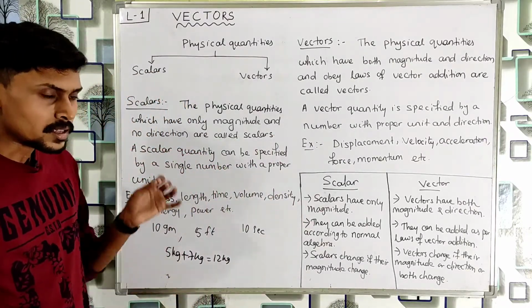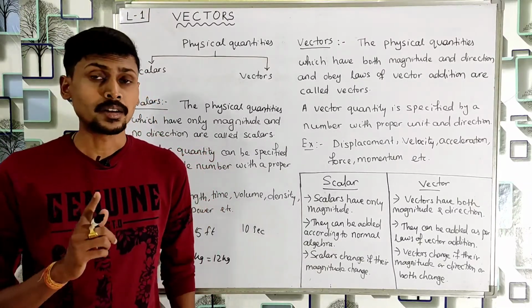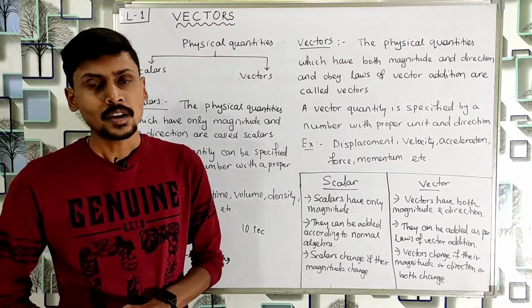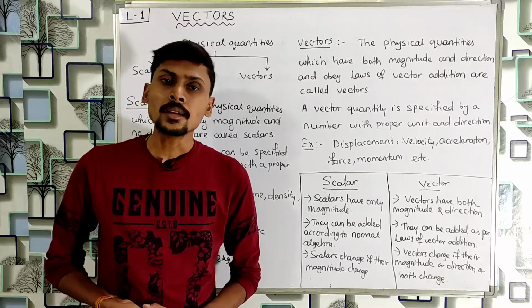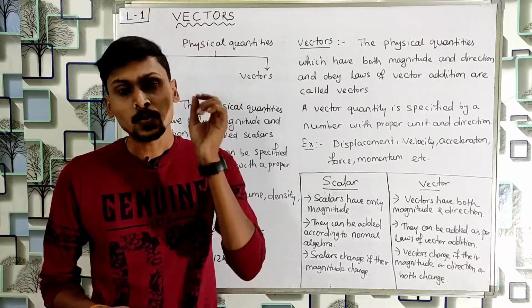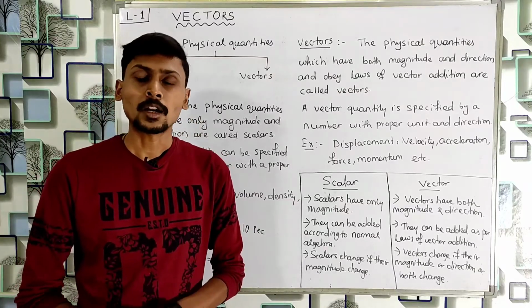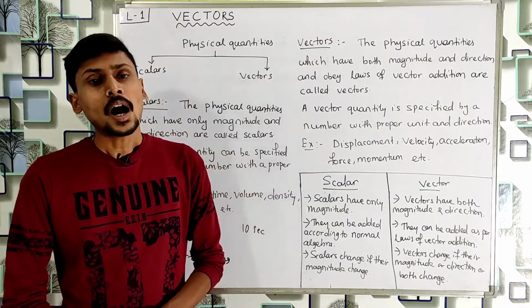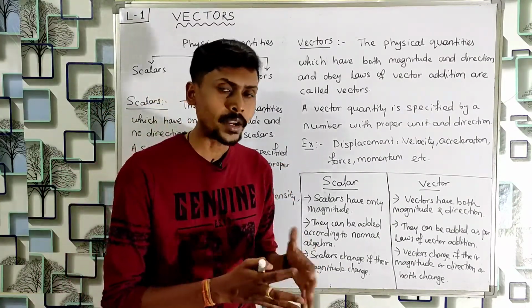So to add scalars we use normal algebra. But remember that when you want to add two vectors, you cannot use the normal algebra. To add vectors we have to use some special operation, some special formula. That is called the laws of vector addition. And how to add two vectors? What are the different laws of vector addition?